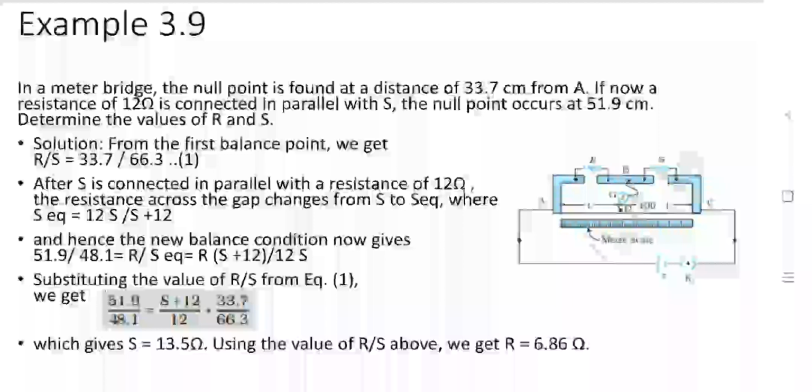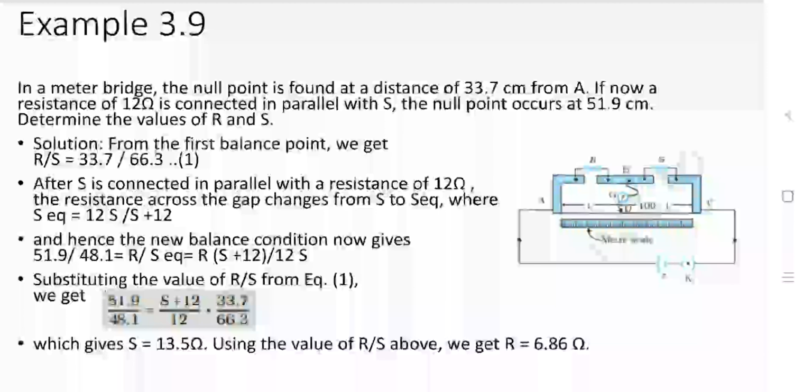Now the second condition is given. If a 12 ohm resistor is connected in parallel with S, the equivalent of S is the parallel combination, S into 12 by S plus 12. The null condition for that is 51.9. So my equation becomes R by S equivalent equal to 51.9 divided by 100 minus 51.9, that is 48.1.